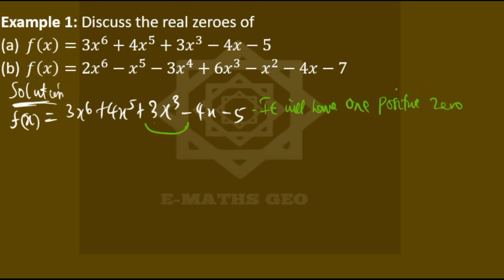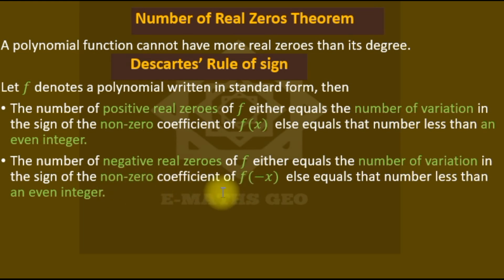Now let's check the number of negative zeros. If you substitute minus x, because from the theorem, they said variation of sign in the coefficients of f of minus x.